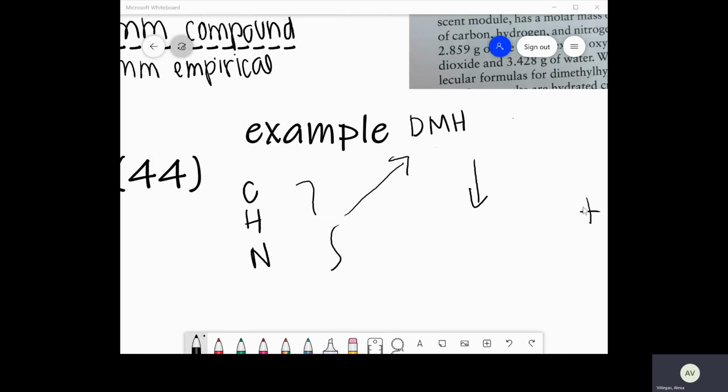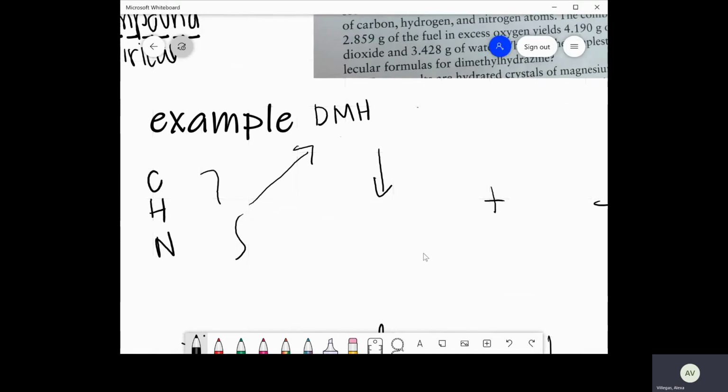So you are told in the problem that your compound has a molar mass of 60.10 grams per mole.